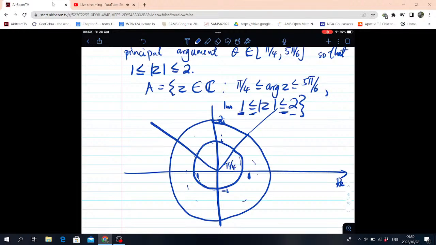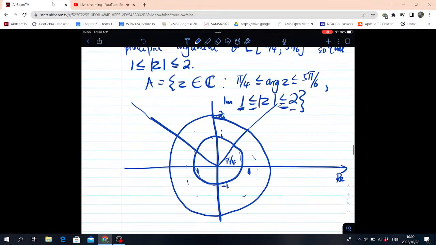And then it will be going up in those directions. So the region that we want is where the modulus is from 1 to 2, so we know it's in the donut, and whose argument is between pi over 4 and that.